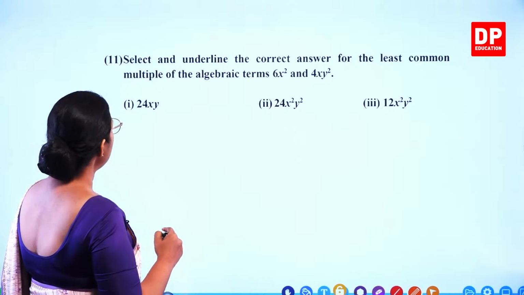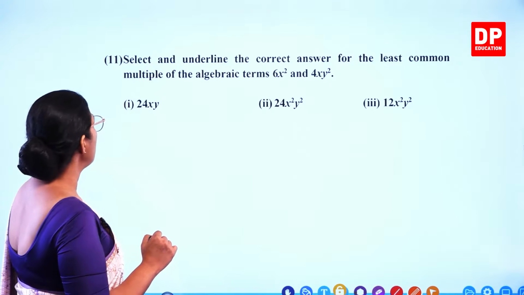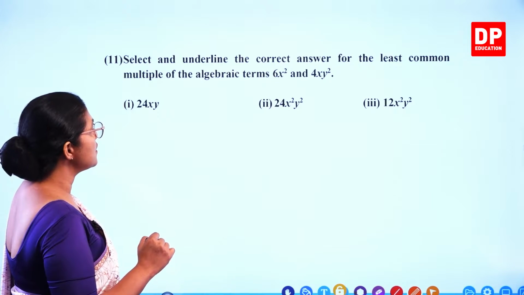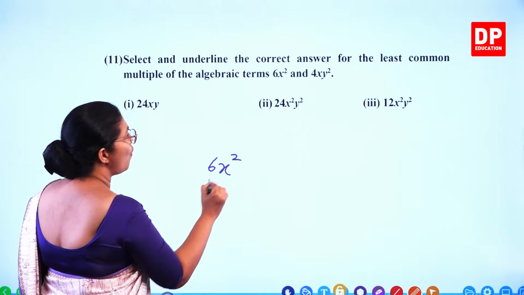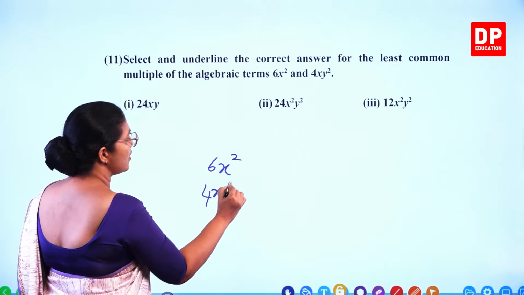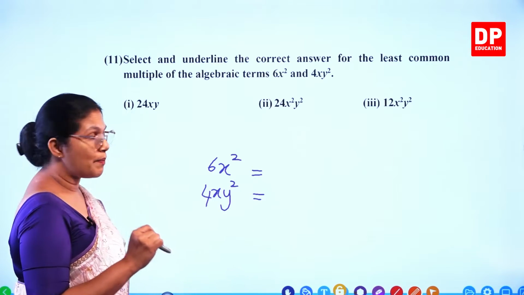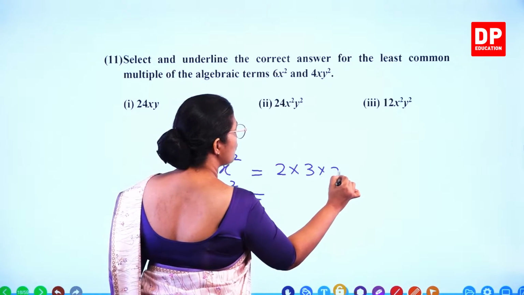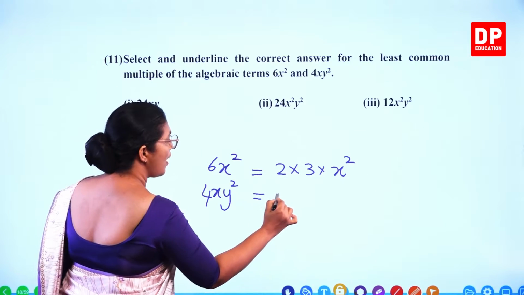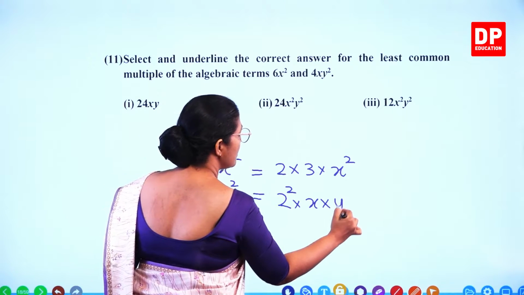Question number 11. Select and underline the correct answer for the least common multiple of the algebraic terms 6x squared and 4xy squared. Now we'll write down the prime factors. 6, you can write 2 times 3 and x squared. 4xy squared, I can write 2 to the power 2, x and y squared.